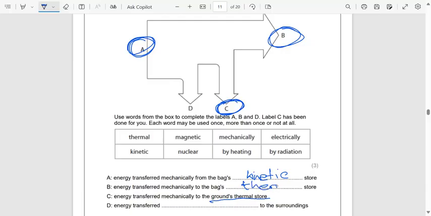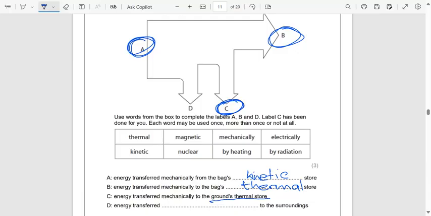So this is why this one is thermal, okay? And if you take your hands and you clap them together like 1,000 times really fast, and then you hold them up to your face, you'll find that your hands are actually a bit hotter, okay? You can feel the warmth on your hands.